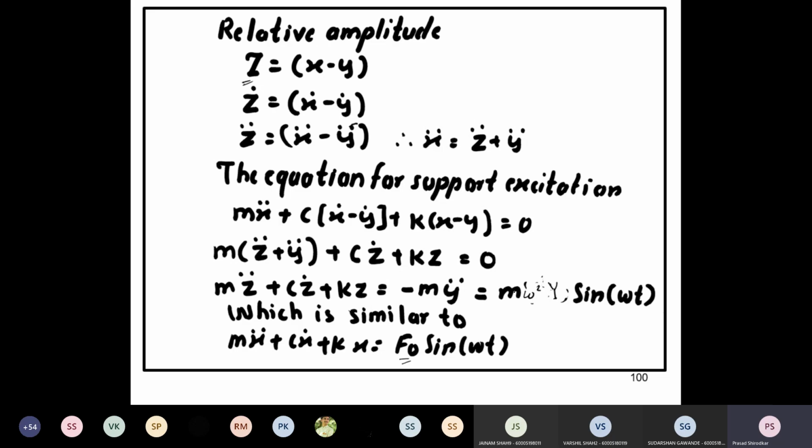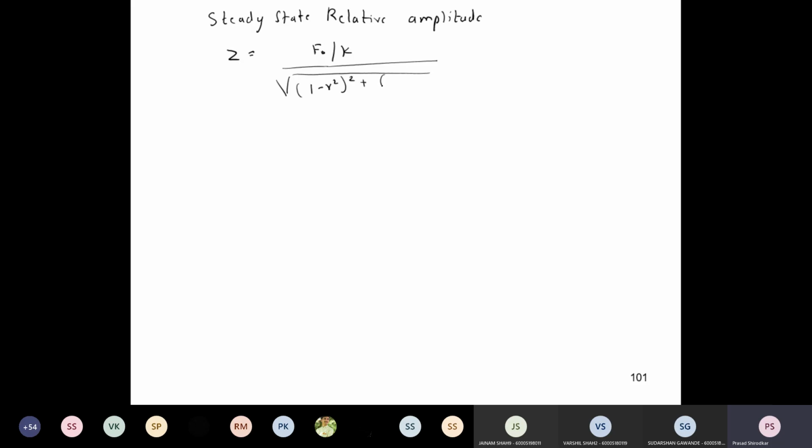So the steady state relative amplitude Z is equal to f0 by k divided by square root of (1 minus r square) whole square plus (2 zeta r) whole square.